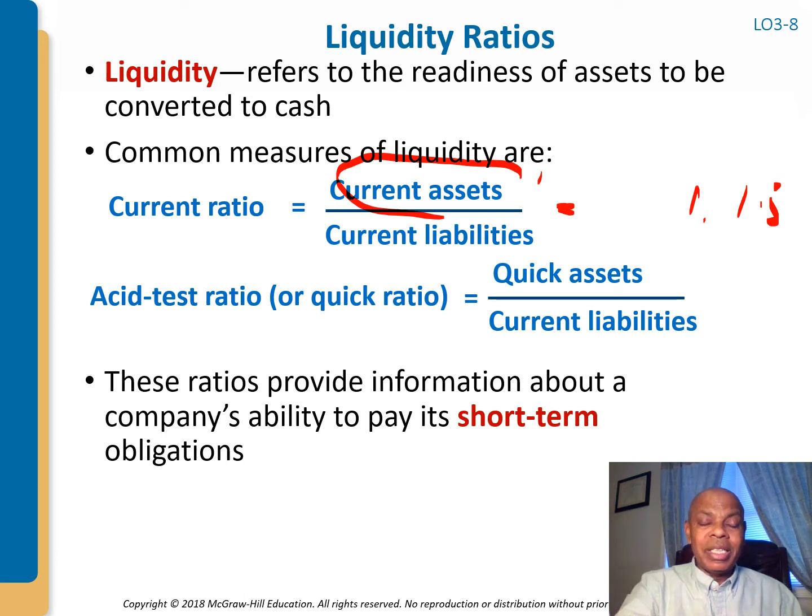They're going to cut down the prices to sell it right away. So in this case, the acid test ratio removes that type of item from assets, quick assets, which exclude the inventory from your current assets, and then divides by current liabilities. The ratio provides information about the company's ability to pay its short-term obligations. That's what the liquidity ratio is all about.